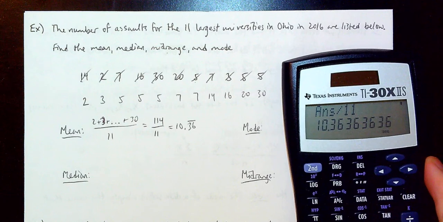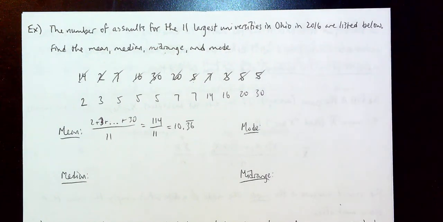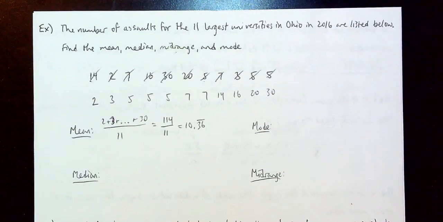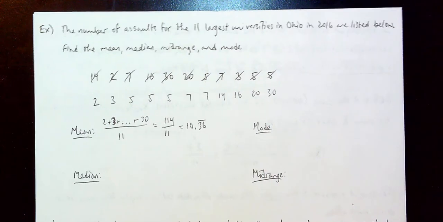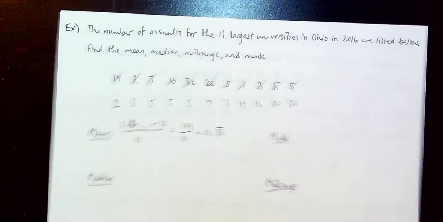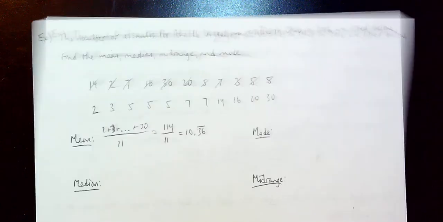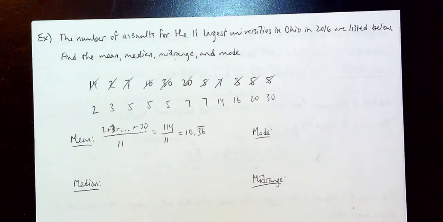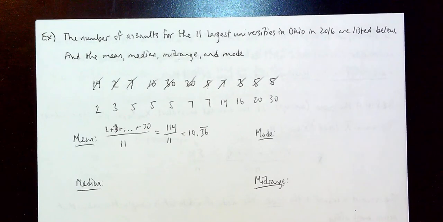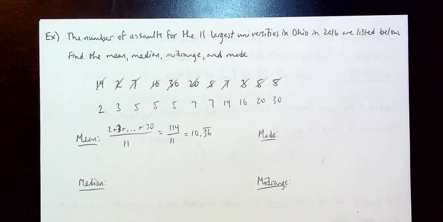All right, the median. Now that we have our data in increasing order, we said we have 11 pieces of data. So we have an odd number of pieces of data, so that's perfect. This means that the median is going to be the data value that falls exactly in the middle.